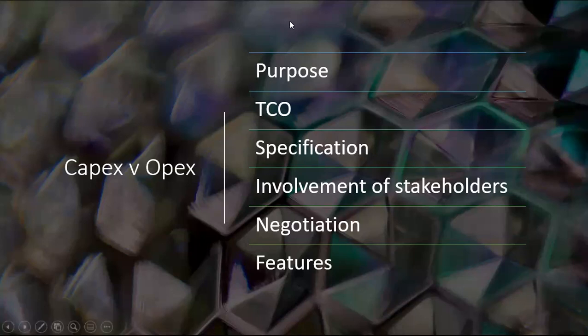And normally Opex is a small purchase or small expense, and normally we don't use TCO here.